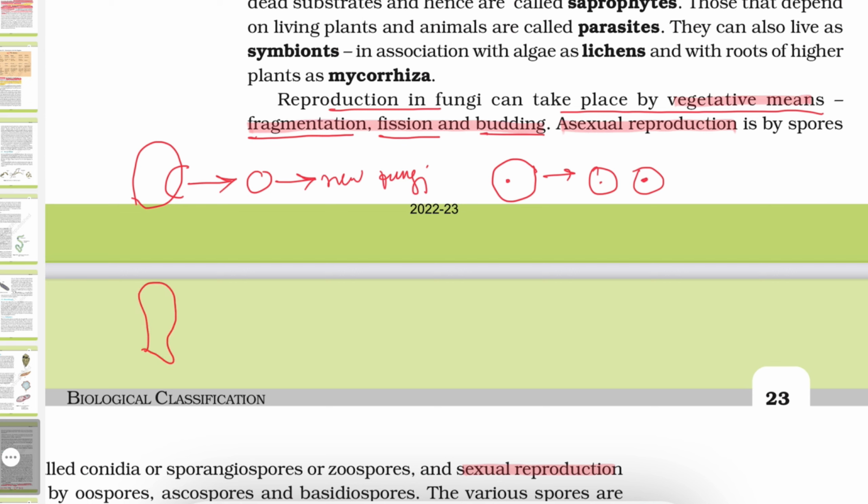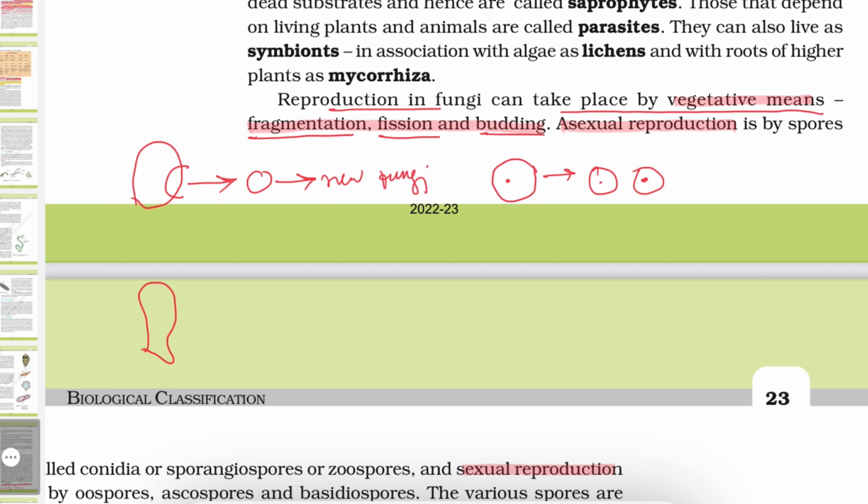Now these are called fruiting bodies. Within these fruiting bodies, the spores are produced, both sexual and asexual spores.